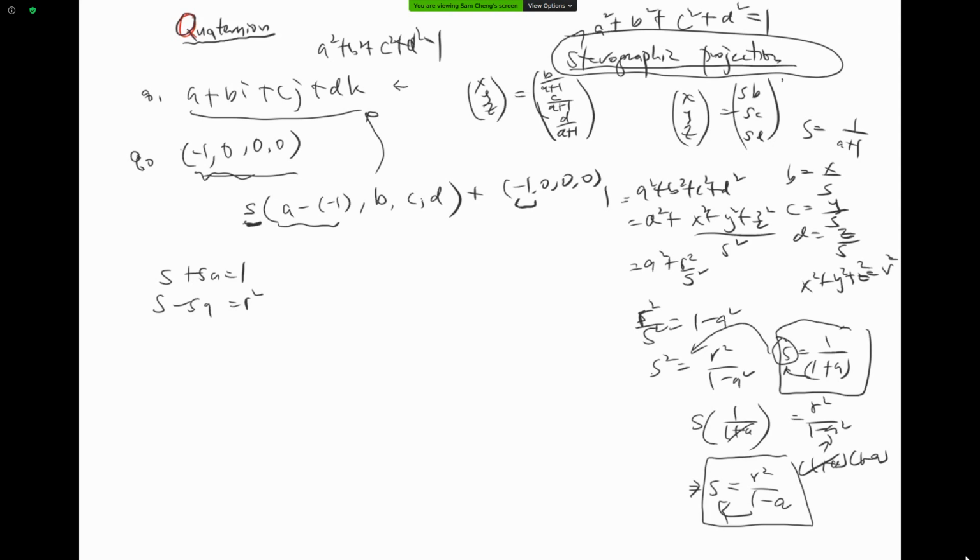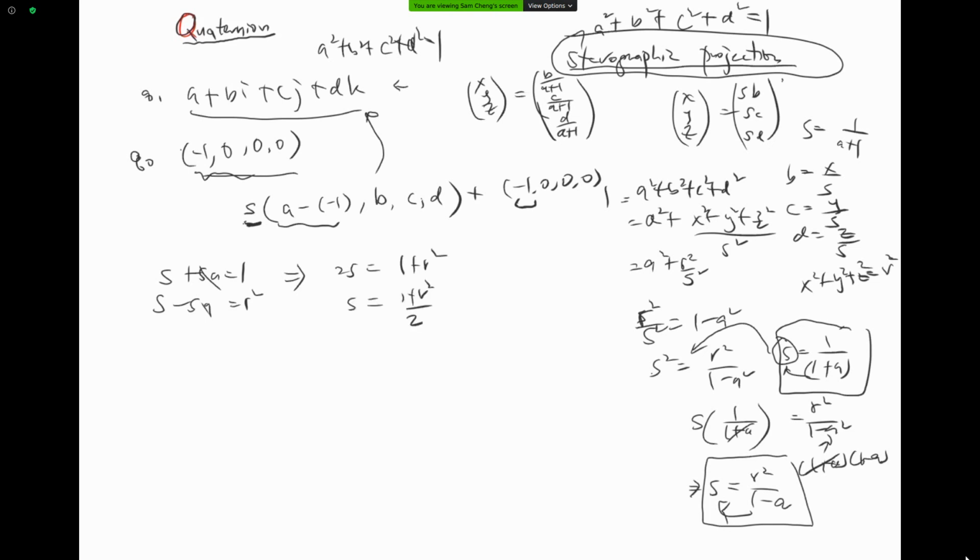Then I want to solve for s, right? Then I add them together, and this sa gets cancelled. Then 2s is equal to 1 plus r squared. I'm done. s is equal to 1 plus r squared over 2.